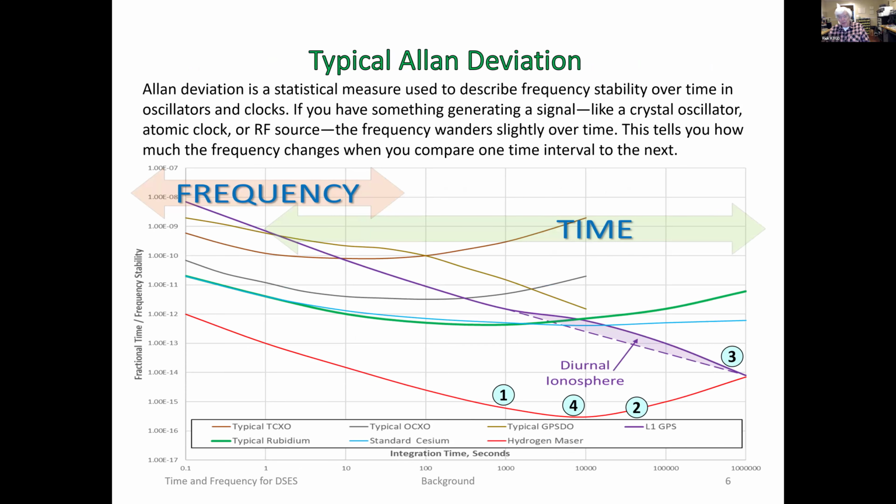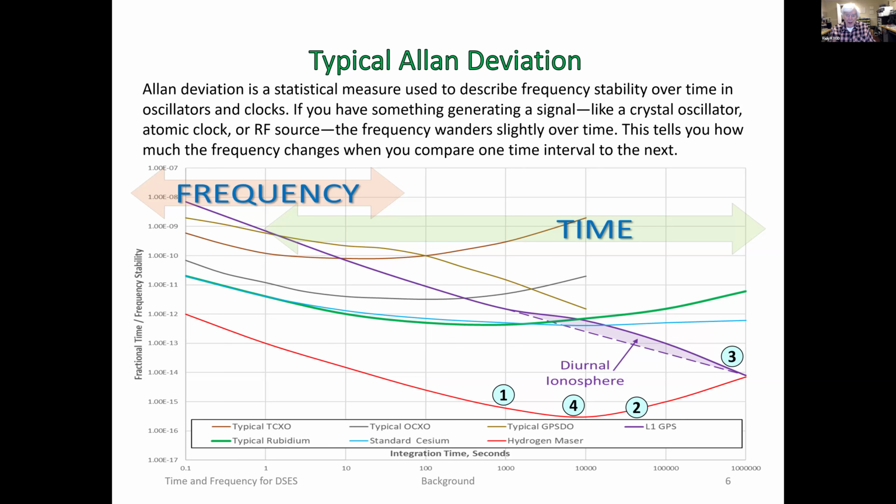These are only a fraction of the oscillators, but I didn't want the chart to get too messy. These show that every oscillator has a noise at a, we'll call it instantaneous noise. This chart starts at 1/10 of a second.